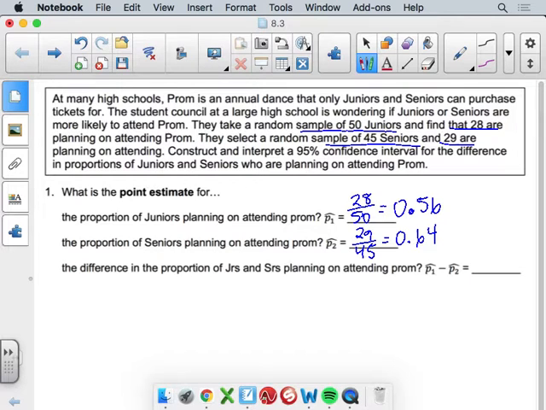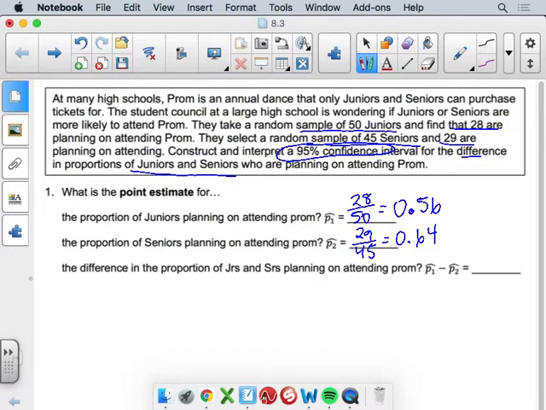All right. Construct and interpret a 95% confidence interval for the difference in the proportion of juniors and seniors who plan to attend prom. So what is the difference between juniors and seniors planning on attending prom?